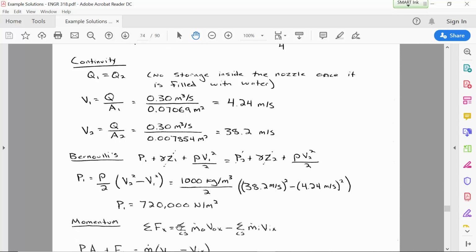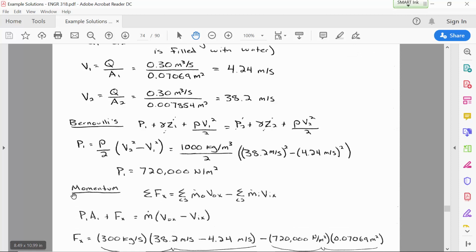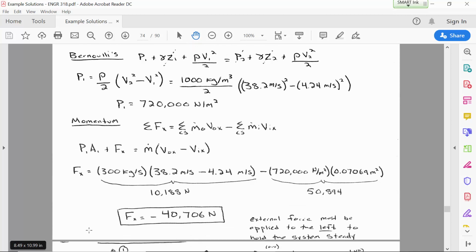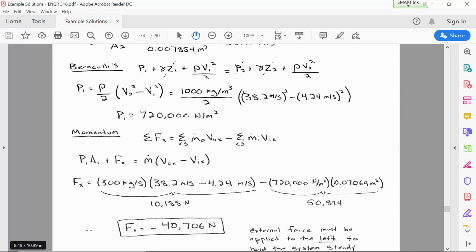And so then the momentum equation, when we account for the pressure acting as an external force from the left, acting towards the right, so it's a positive effect, pushing to the right on the system, then it should be that the force we have to apply is to the left.